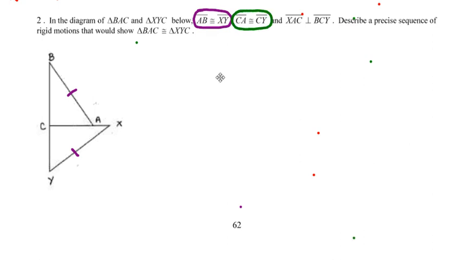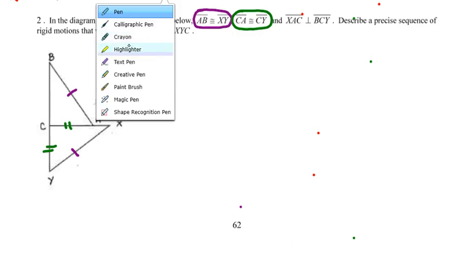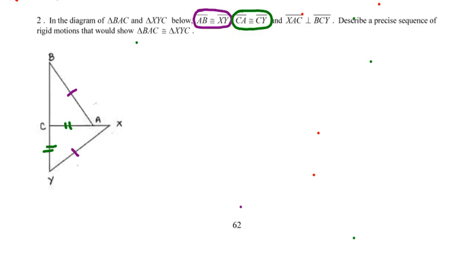Segments CA and CY, I'm going to put 2 little hash marks on those as an indicator that they are congruent to each other, but not necessarily congruent to the first pair. And the other piece of information I'm given is that segments XAC and BCY are perpendicular to one another. Or in other words, the place where they intersect makes right angles.